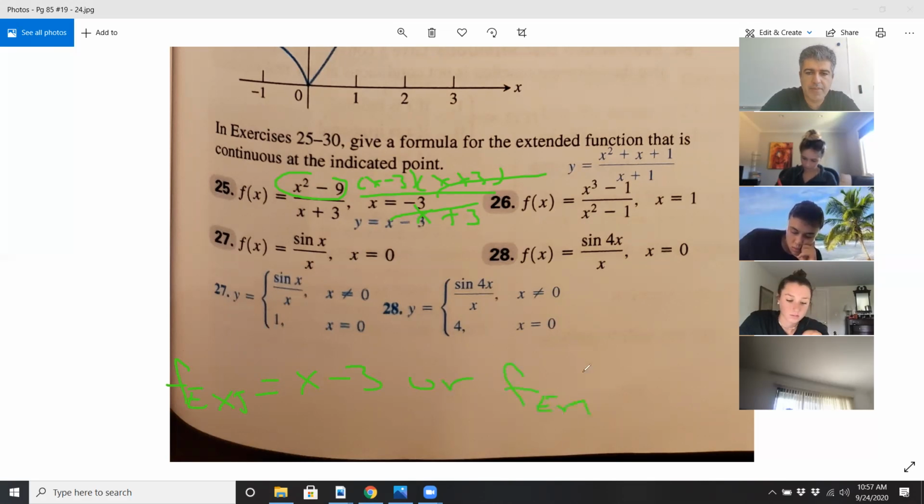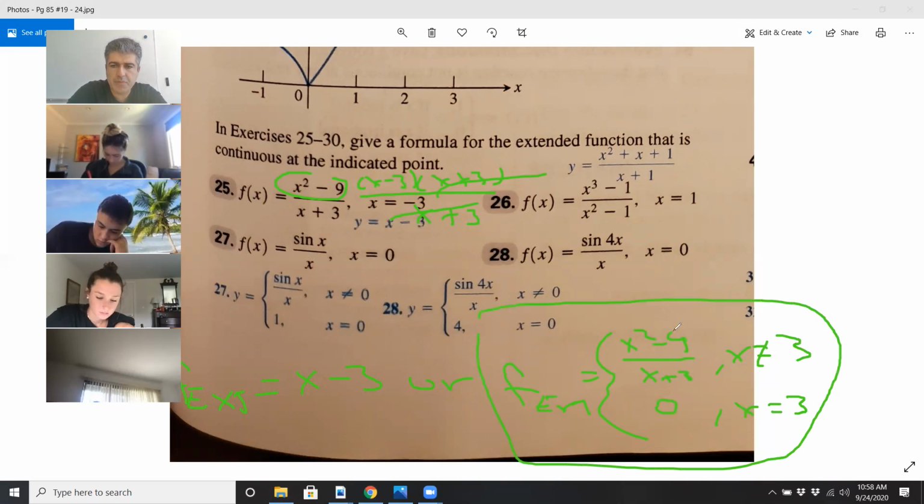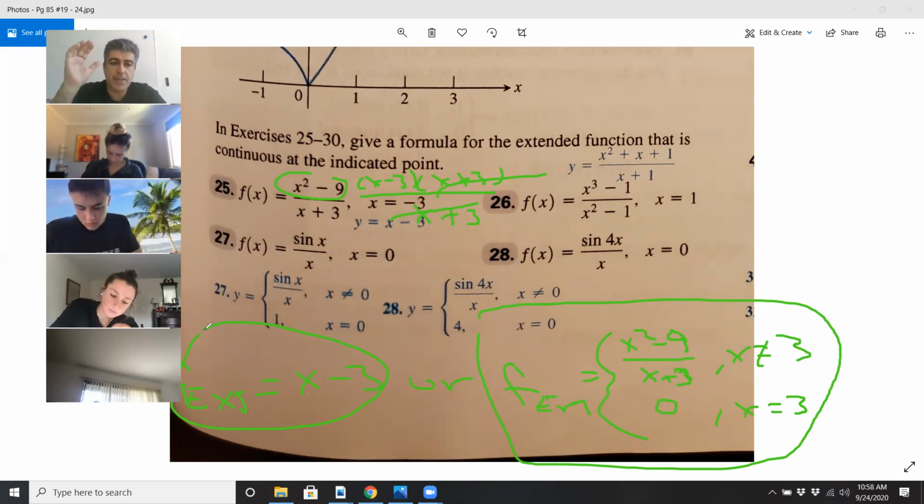Either one's fine. You can write it like that, or like that.